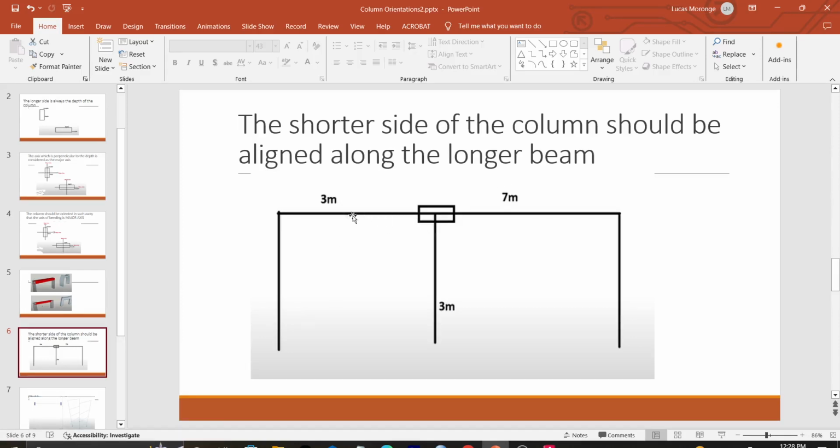You arrange it so that the shorter side of the column will be perpendicular to the side with the highest bending moment. You can see here we have the largest bending moment, so that's why it is arranged perpendicular to the shorter side of the column.